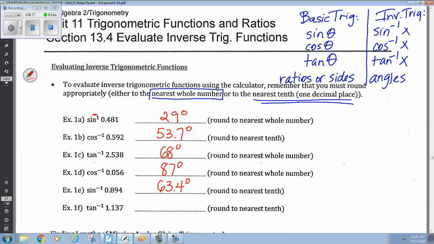Remember, it said round to the nearest tenth. And tangent inverse 1.137 is 48.7 degrees. So 1C through 1F, those are definitely ones to try yourself. And those are the answers that you should get.